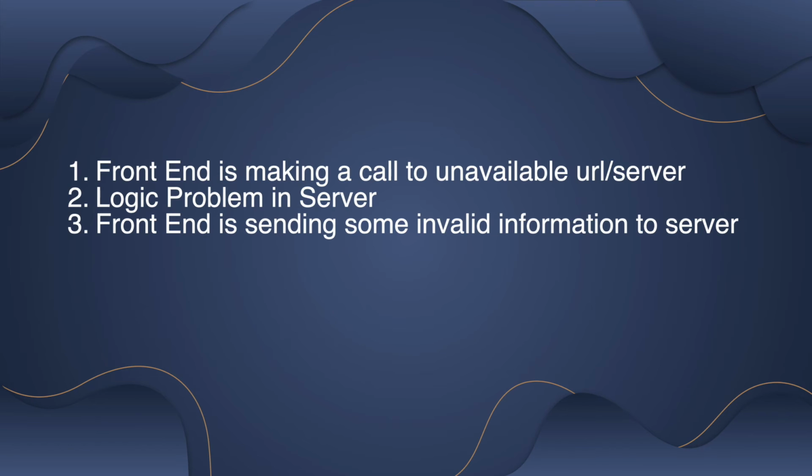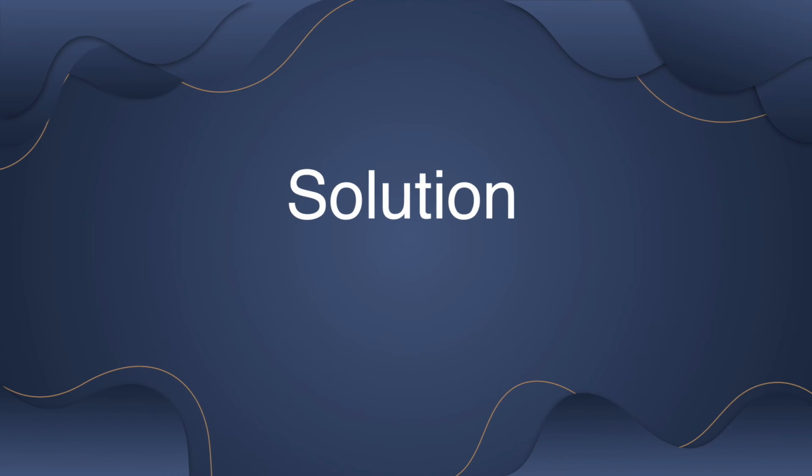They also tell us the different reasons for a failure. The front end may be making a call to an unavailable server or URL, which can cause an error. Or maybe there is some logical problem inside the server to process a request, or the front end is sending some invalid information to the server which the server is unable to process.